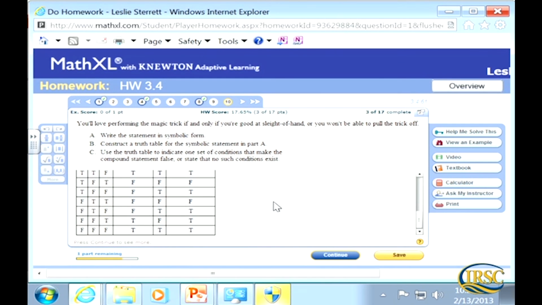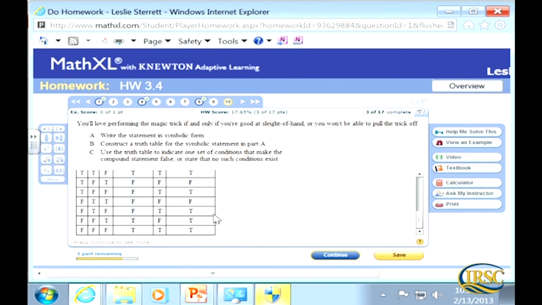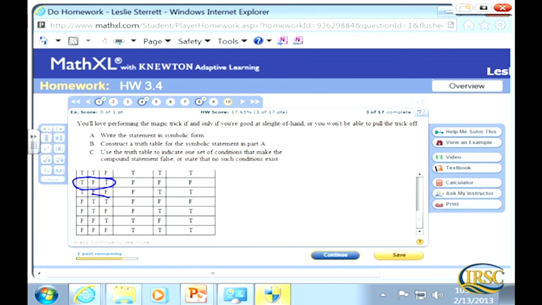So we're going to have to take a look back at the table to see when it was false. It was false in the 3rd row and in the 5th row, but that's it. So take a look at your original P, Q, and R in the 3rd row and the 5th row. So what did those 2 things have in common?